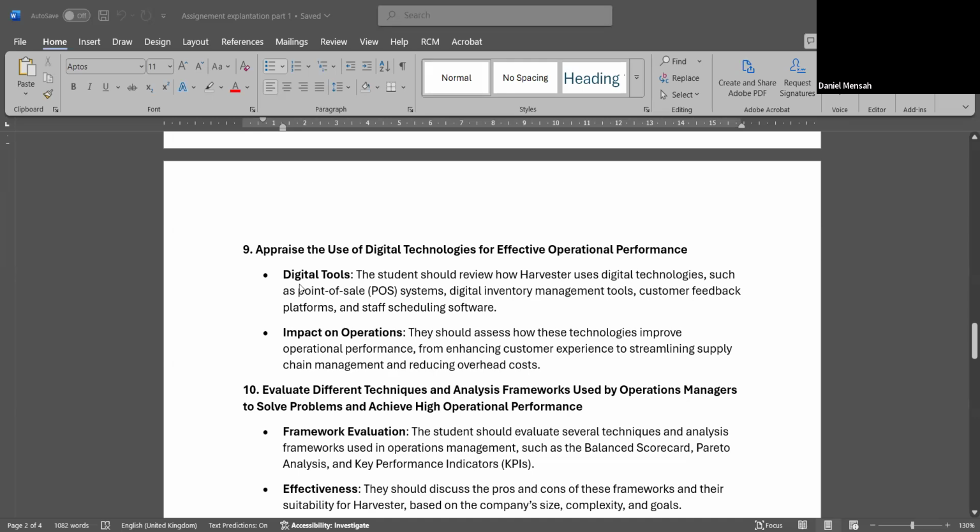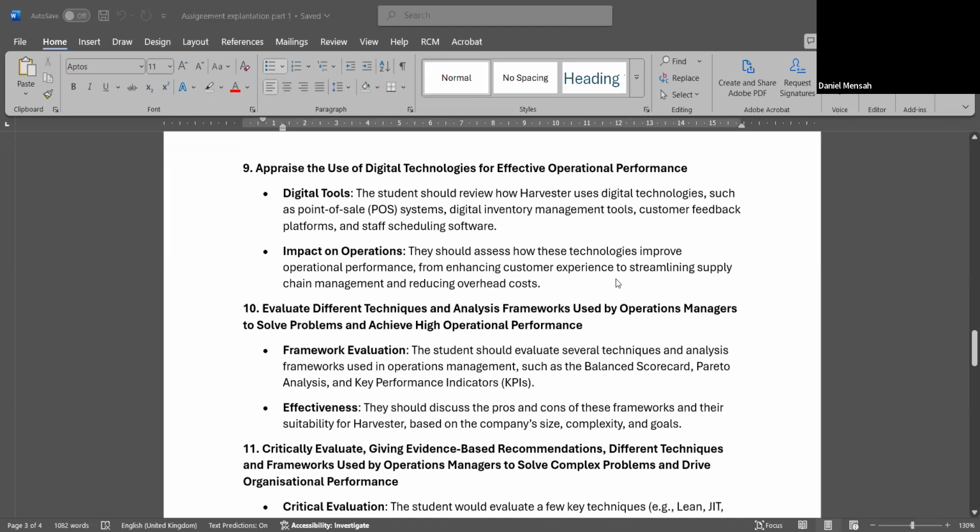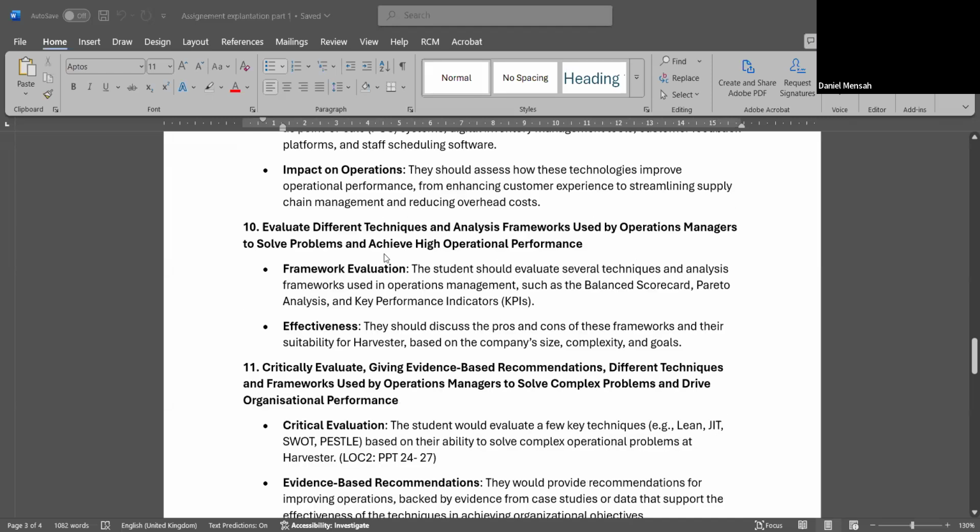There are some examples of digital technology, and you need to explain what kind of improvement or what kind of impact they are bringing on the performance of their operations. These are a few examples, but you can dig more and you can add other technologies also.